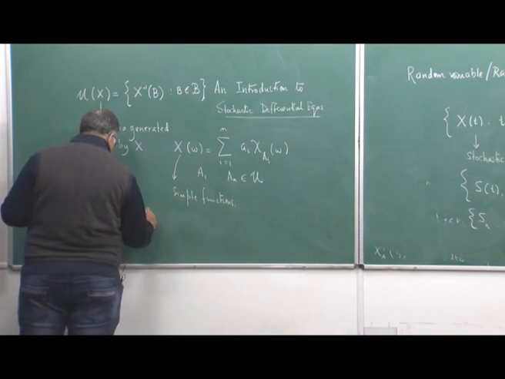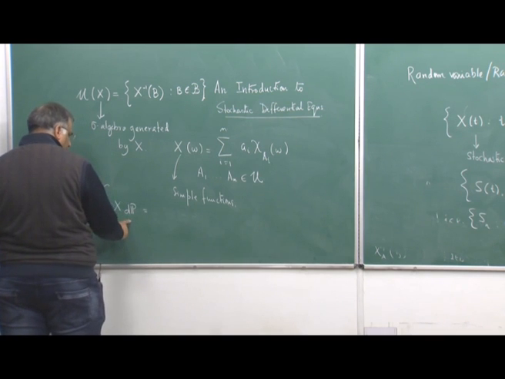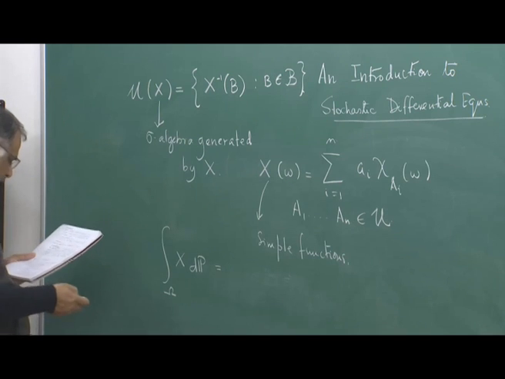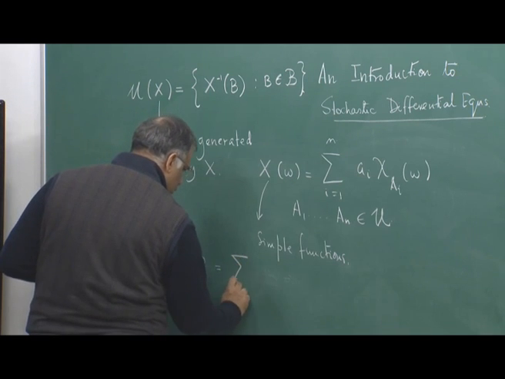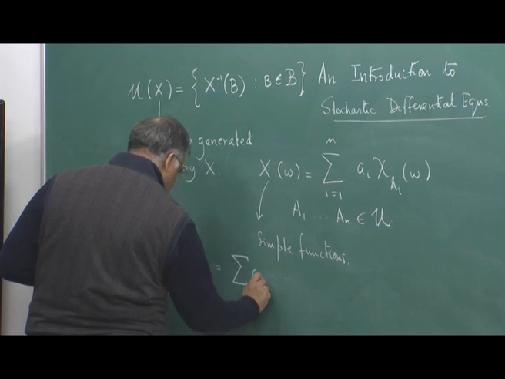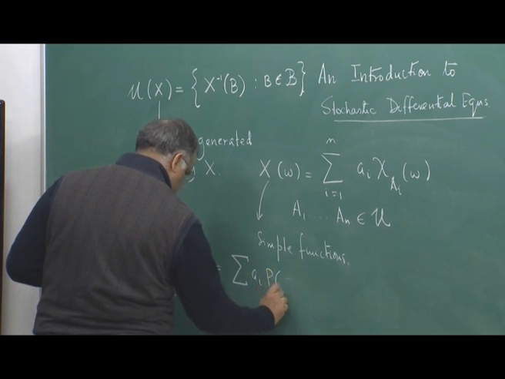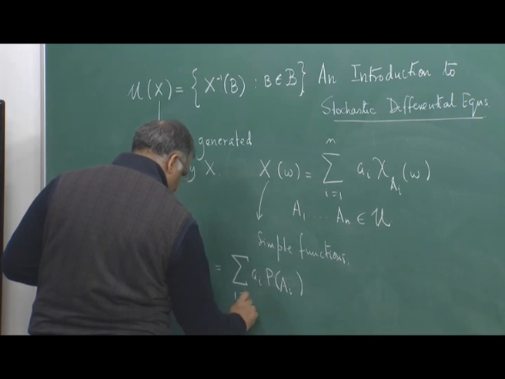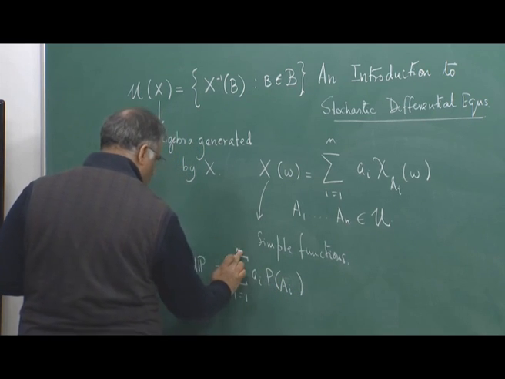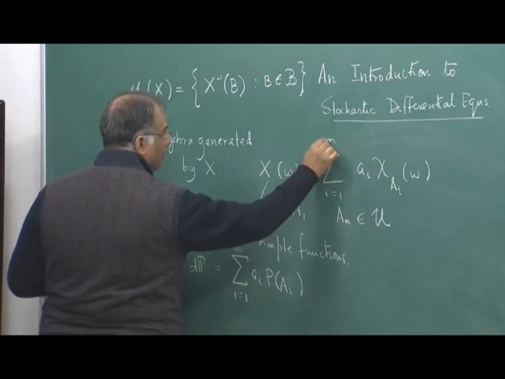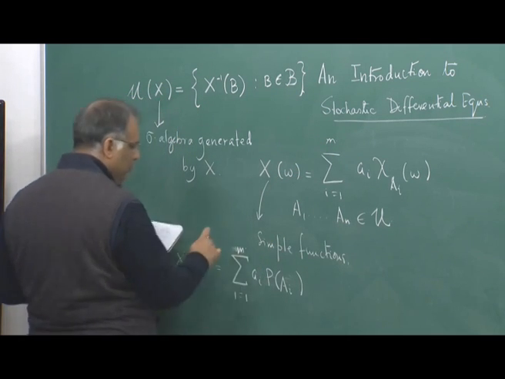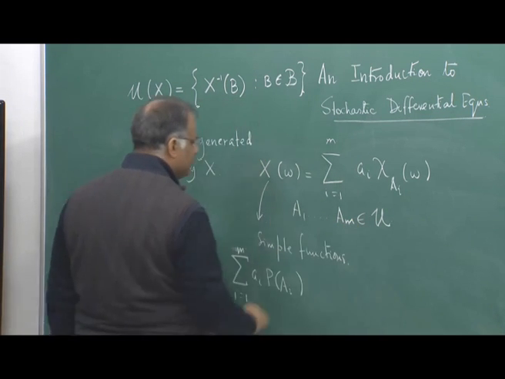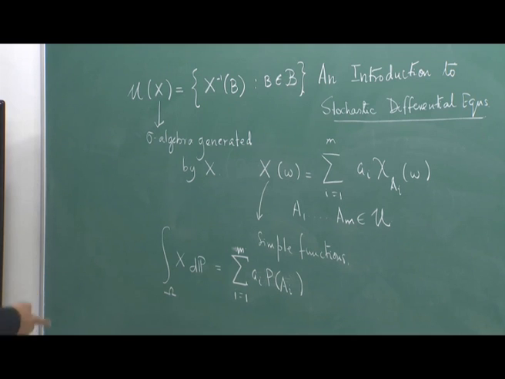So, for a simple function X, we define the integral of X with respect to the probability measure P as the sum from 1 to m. So, this is the definition.